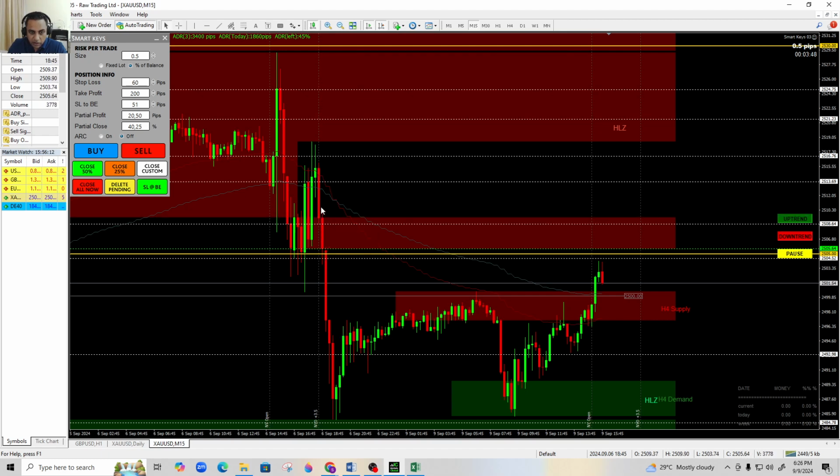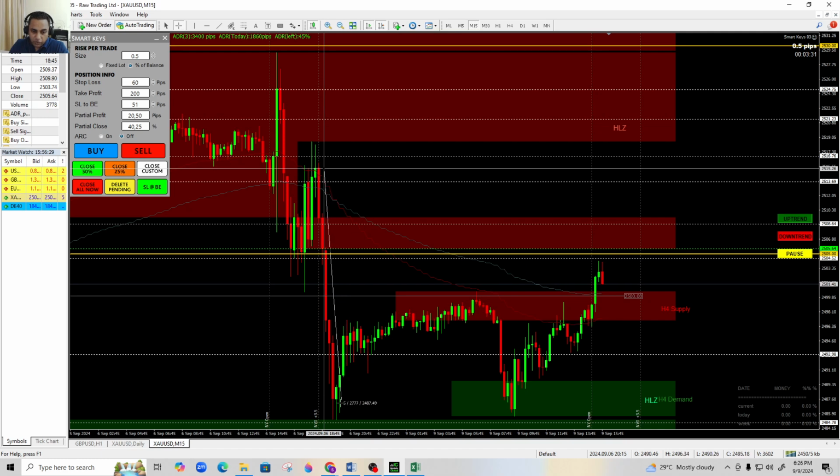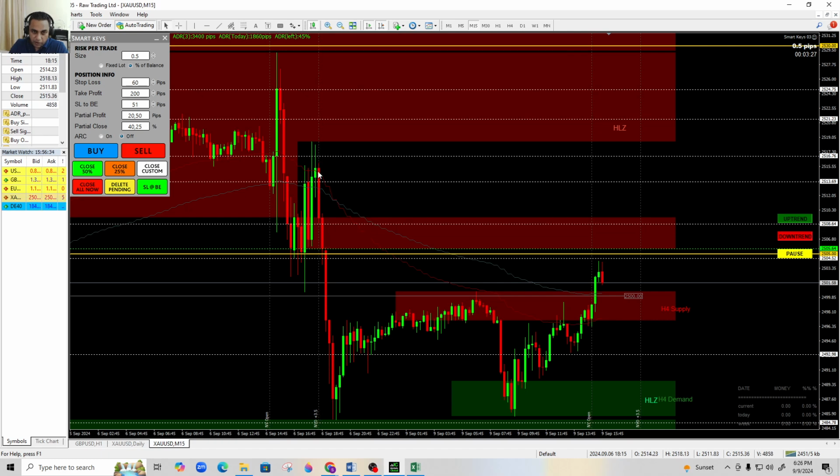That's around 11:30 a.m. New York time. That's around when traders break for lunch, about 11:30, 12, and that's when that big move happened. That big move of a 300 pip move started right at this candle. Boom, boom, boom, boom, boom, straight down.